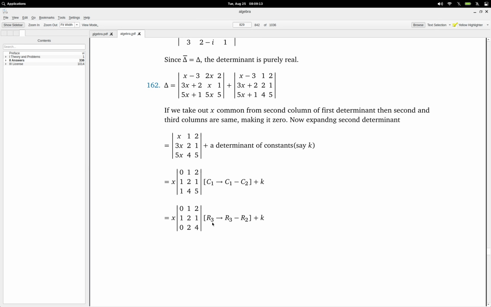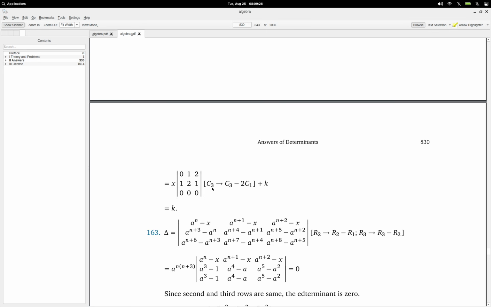Once we have that, we do R3 is equal to R3 minus R2. We have got 0, 2, 4 and 0, 1, 2. Now you see, this row is exactly double of that. So we can take 2 common from here. And once we do that, we subtract C3 is equal to C3 minus 2C1.